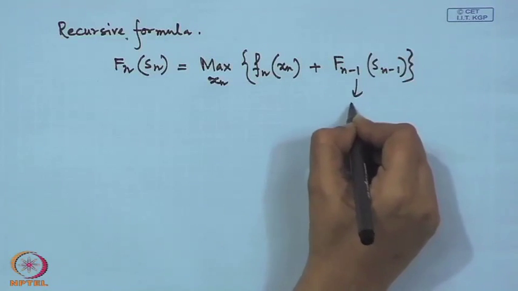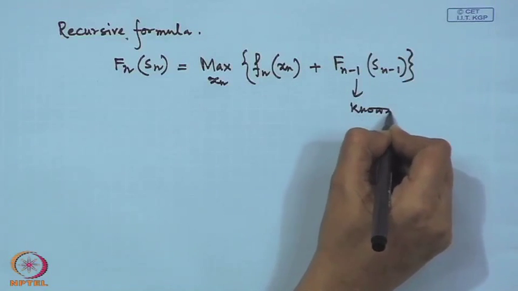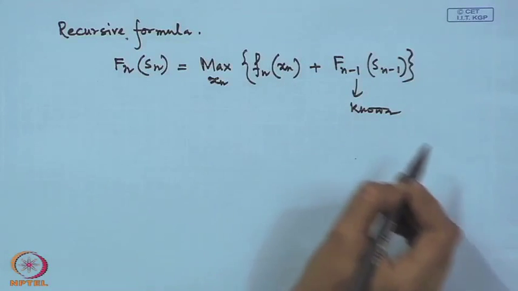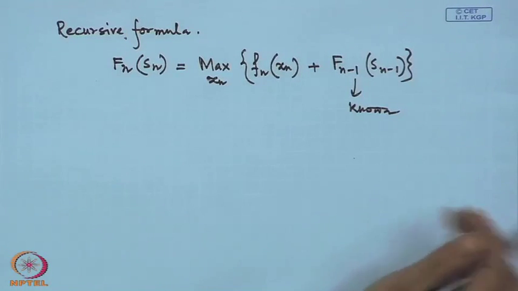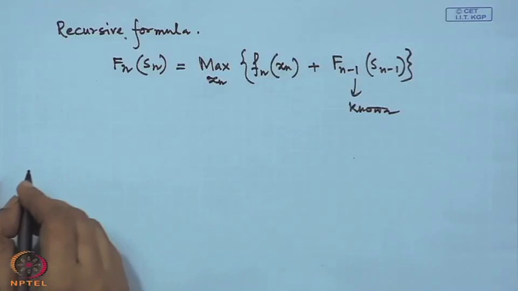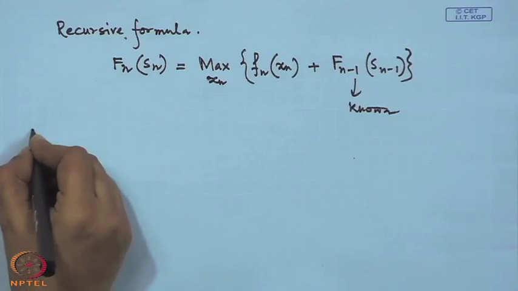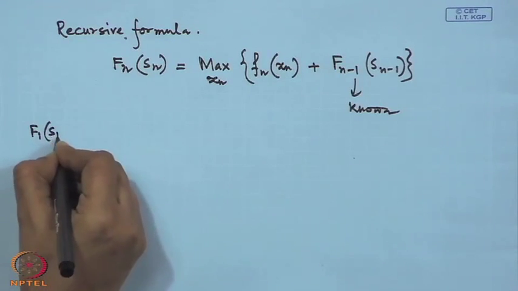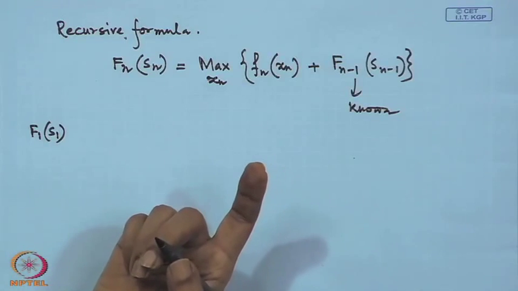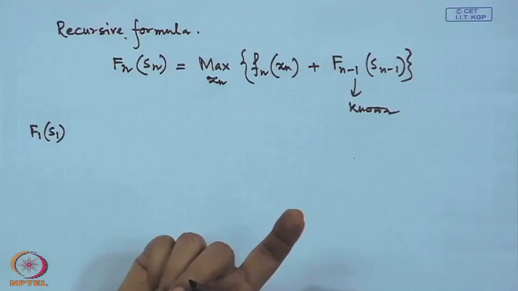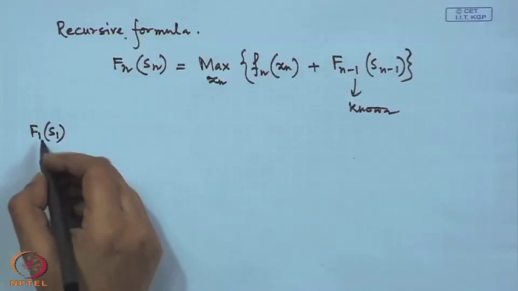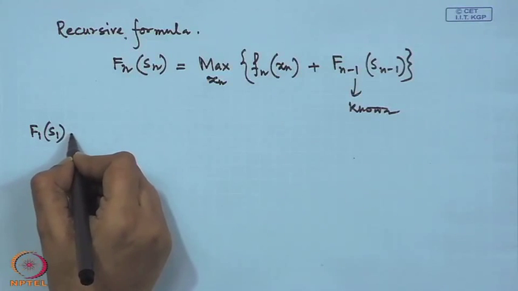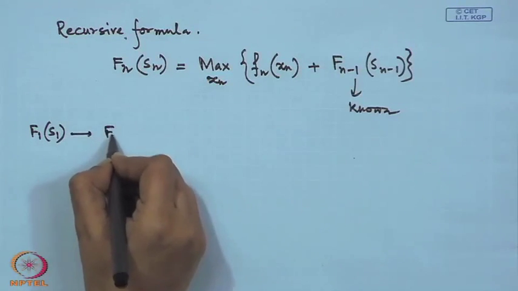This is known to us. That is why these are the only variables for us, and we can construct very easily starting from f1 s1. f1 s1 is very easy to select because it contains only one variable. Once we know f1 s1, we will move to f2 s2.